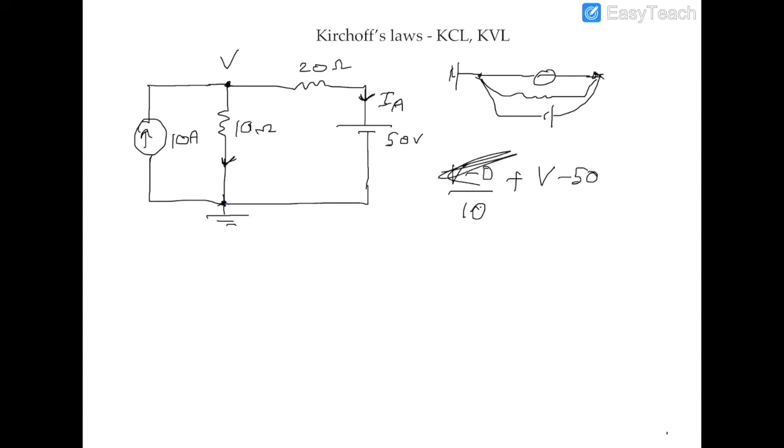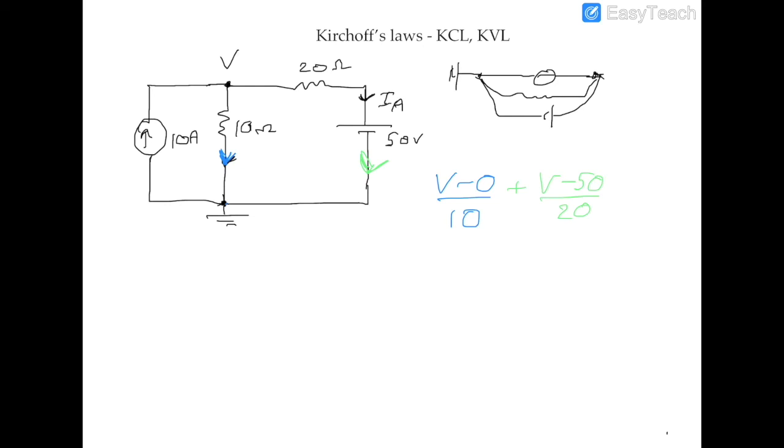Actually, let me rewrite this in color. Right. So this would be V minus 0 by 10, and IA would be V minus 50 by 20, because that's the resistance in the circuit.